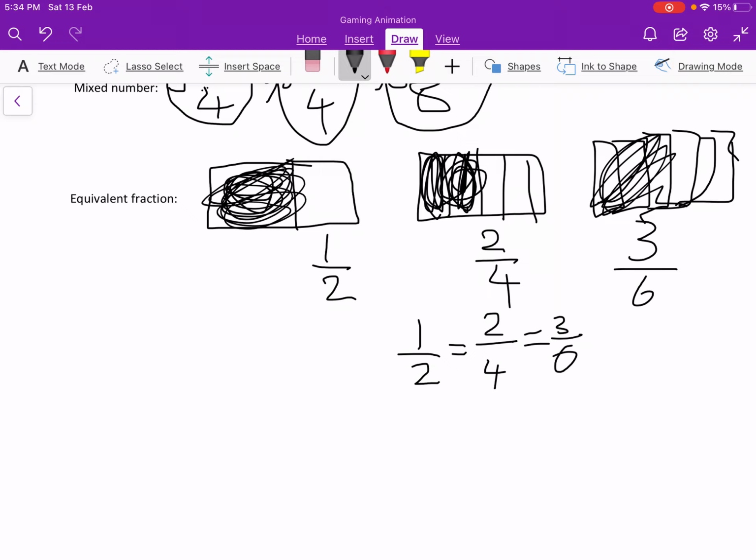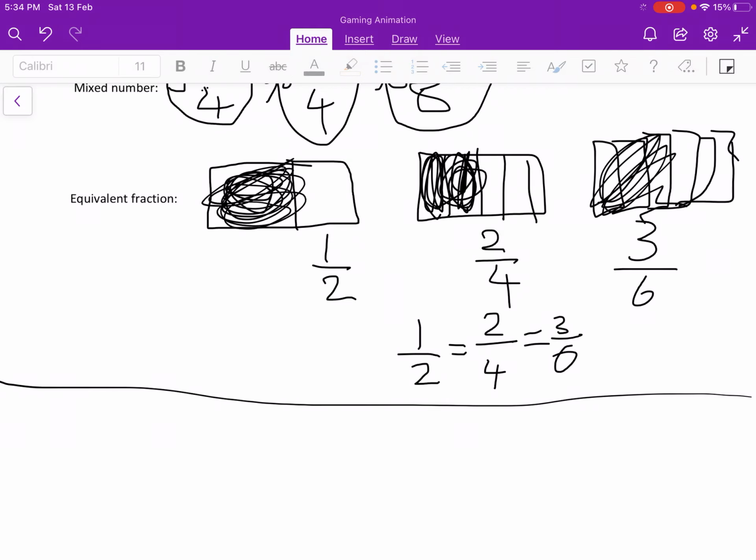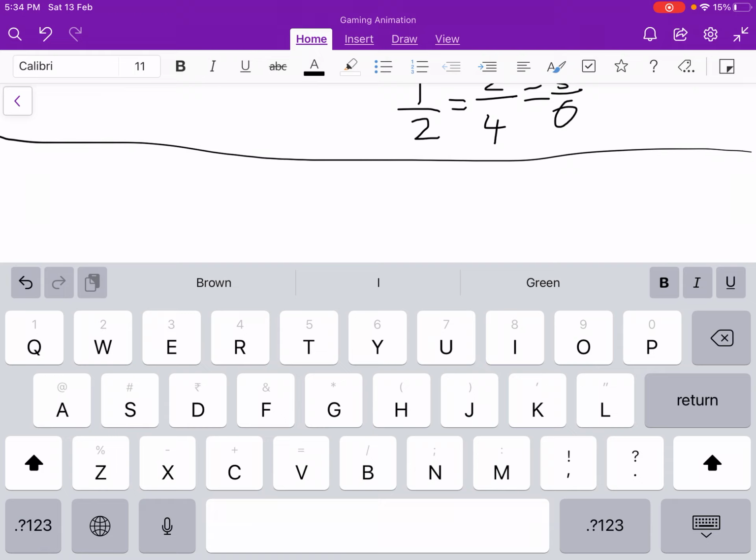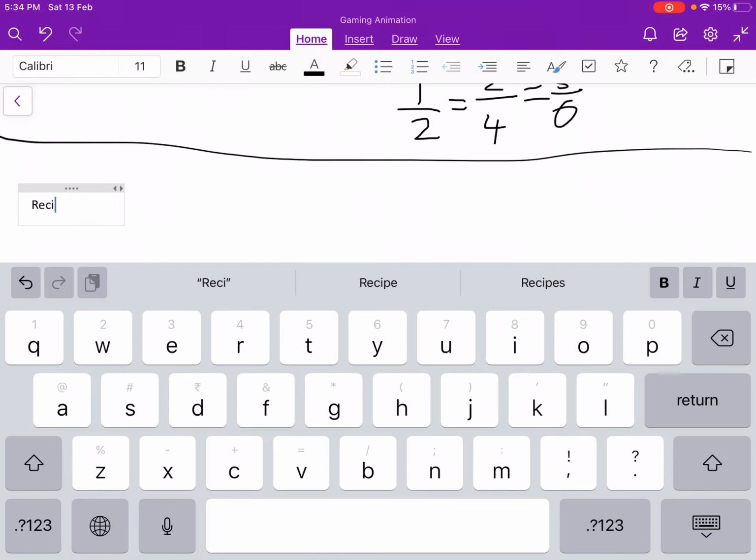So if you're ever asked a question, you can just draw blocks and do all of this stuff you need to do. Okay, so the next one is, last but not least, reciprocal fractions.